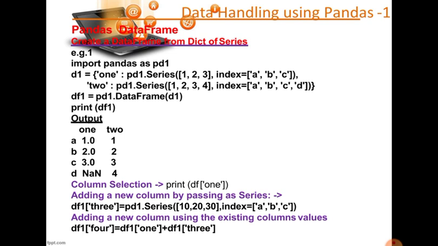Pandas DataFrame: creating a DataFrame from a dict of series. Example 1: import pandas as pd1, d1 is equal to {1: pd1.Series([1, 2, 3], index is equal to ['a', 'b', 'c']), 2: pd1.Series([1, 2, 3, 4], index is equal to ['a', 'b', 'c', 'd'])}. df1 is equal to pd1.DataFrame(d1), print df1.